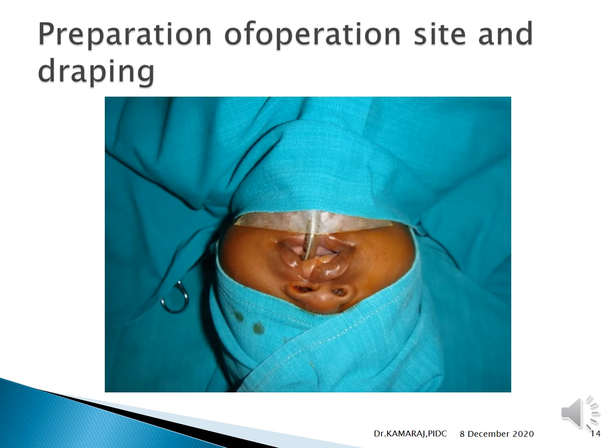So preparation of operation site and draping. So this is a patient who is to undergo a cleft lip surgery. So you can see a tube coming out from the oral cavity. This is called orotracheal intubation.